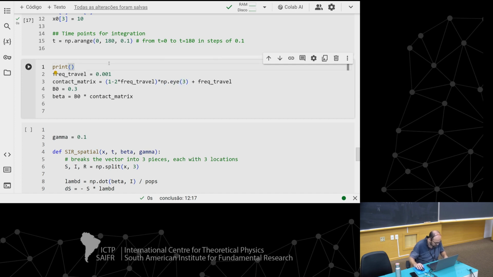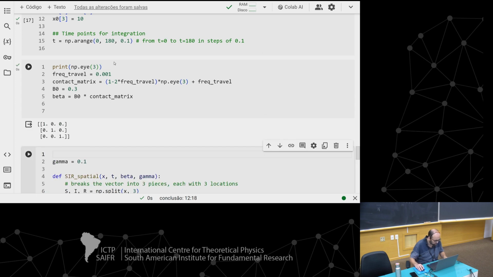I is a diagonal matrix. If I print this, you see this is a diagonal matrix. If I had no contact between cities, I would have 100%, proportion 1, of city 1 with city 1, city 2 with city 2, and city 3 with city 3, and 0 contact between different cities.